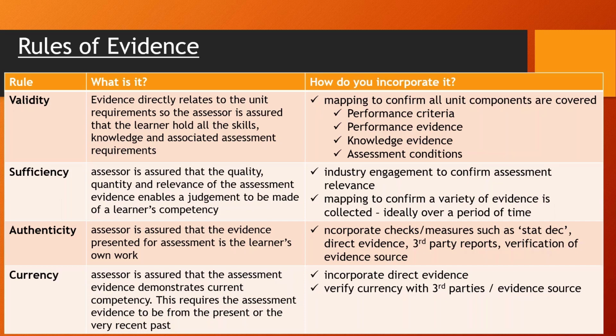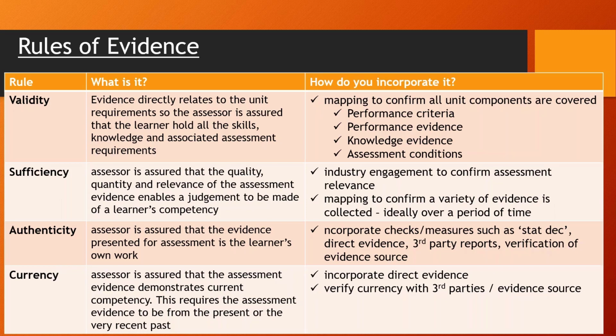Normally, you would incorporate sufficiency by mapping your evidence to show you've got a variety of evidence, and ideally that evidence could be collected over a period of time, not just one day where they could just fluke it, and that you incorporate industry engagement to make sure that the assessment process and the evidence collection items are relevant, that they are really going to support what needs to happen within a workplace.